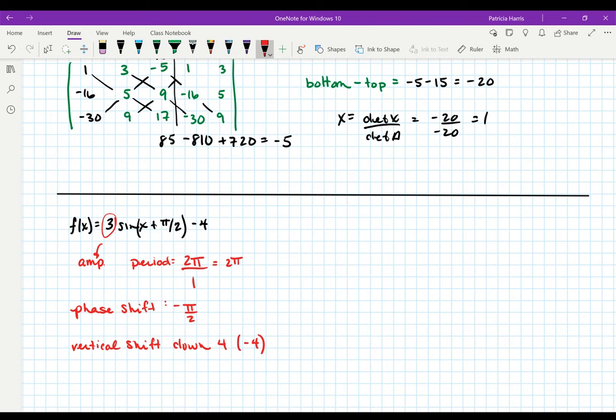Now, just so you are aware, if your graph looks something like this, your amplitude would be 2. But to get the period and the phase shift, you would have to do a little work.